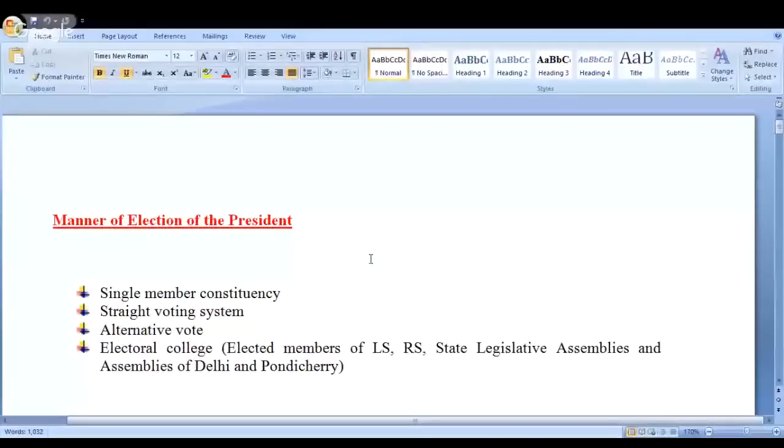Look at this. First, let's try to understand certain words like single member constituency, voting system, and alternative voting system. After this, we'll go ahead with the discussion on the manner of election. When it comes to the single member constituency, what exactly is this? There is one vacancy.